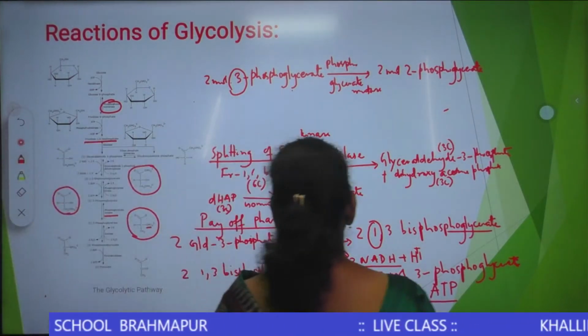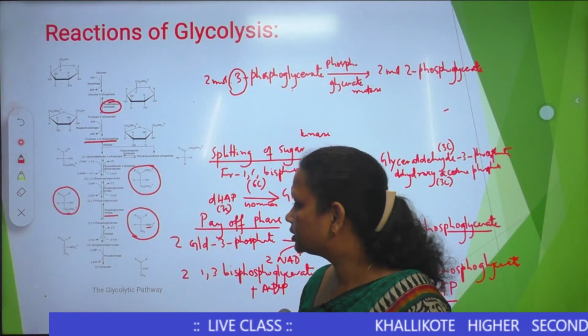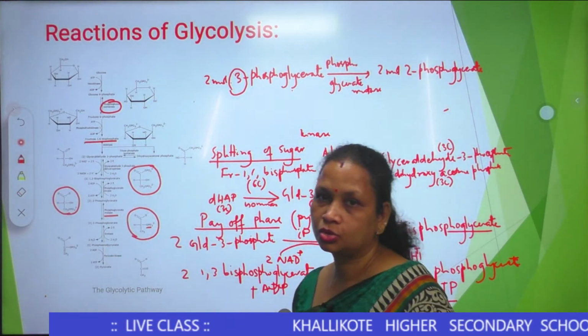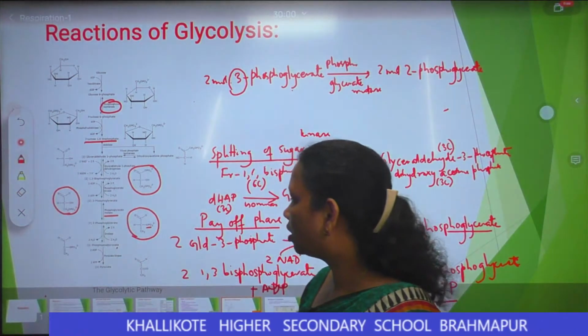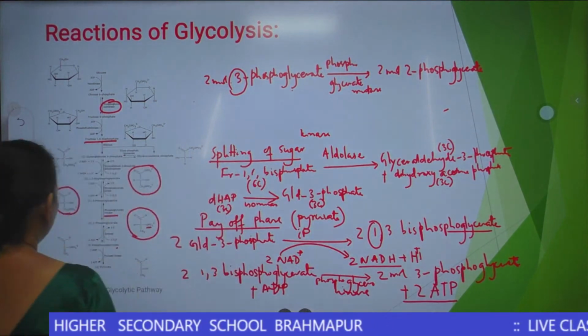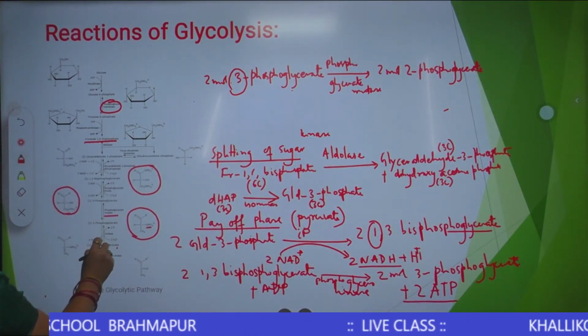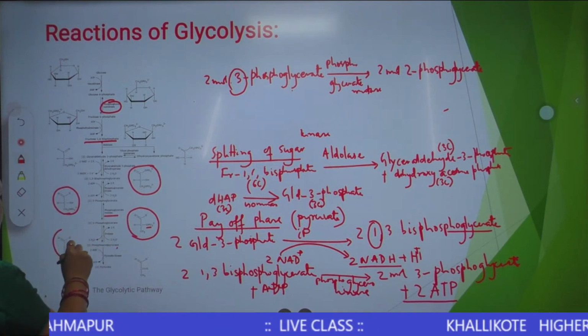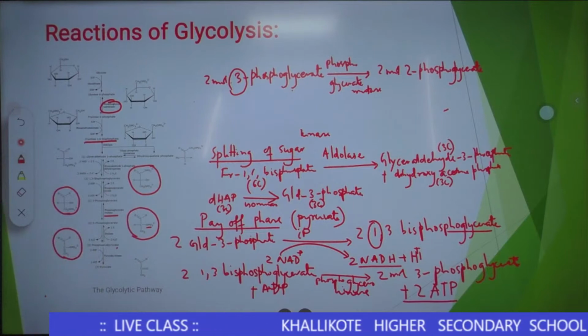So, 2-phosphoglycerate molecule in the next step is getting converted into 2 molecules of phosphoenol pyruvate. So, here you can see 2-phosphoglycerate getting converted into this molecule which is called phosphoenol pyruvate.